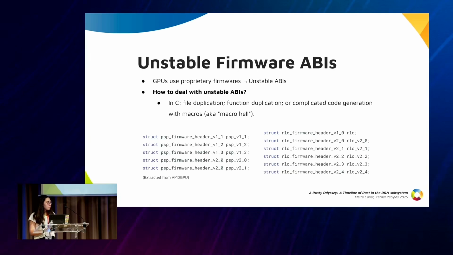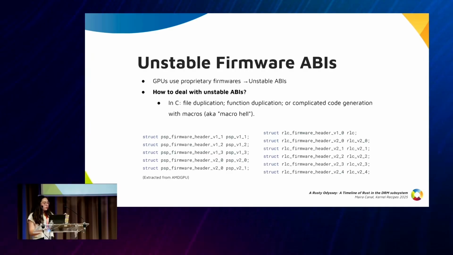In the slide, you can see some structs that I extracted from the AMD GPU driver, and you can see that it's basically the same firmware header, but with different versions. And you have a lot of them. I just picked two examples, but there are a lot of those in the AMD GPU driver.